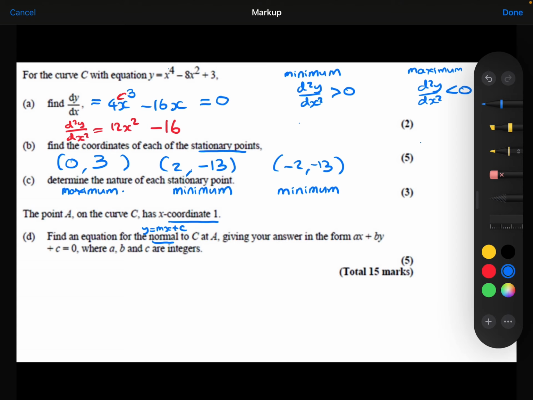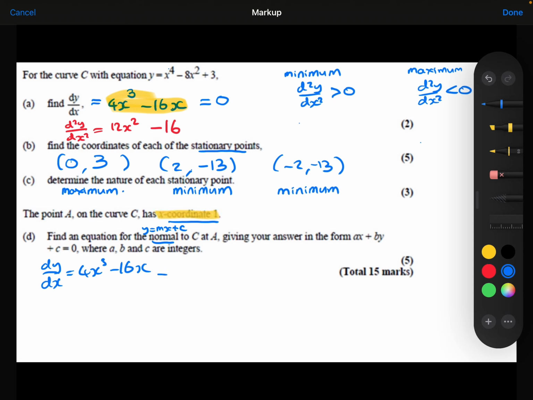The normal is perpendicular to the curve. Therefore, it is going to have the negative reciprocal gradient. So let's figure out what that gradient is. Well, let's take our gradient function, 4x cubed minus 16x. And at point A, the x-coordinate is 1.